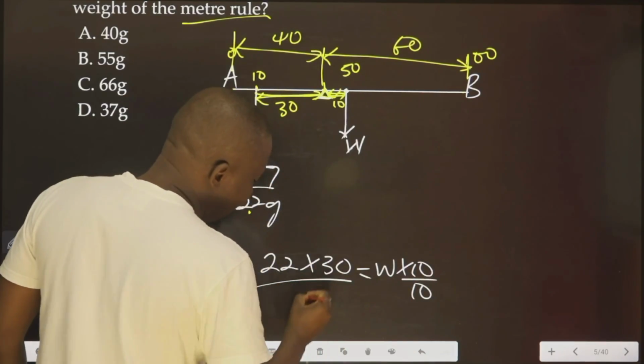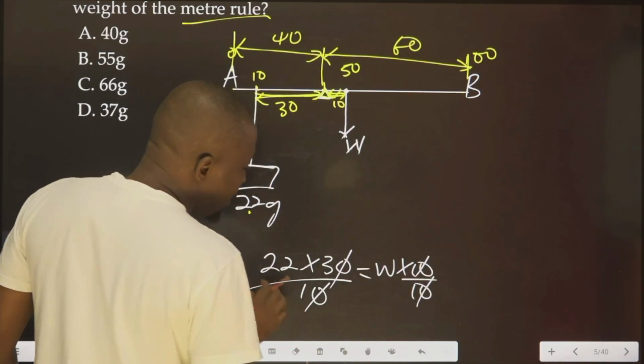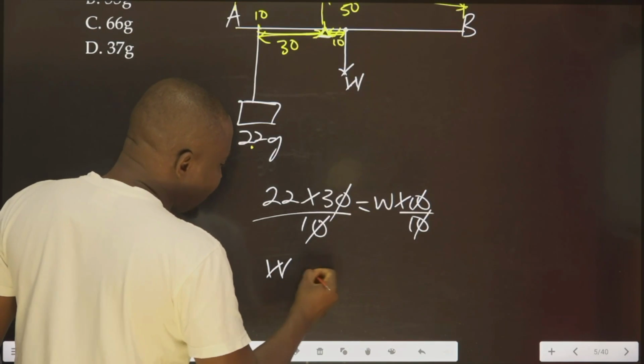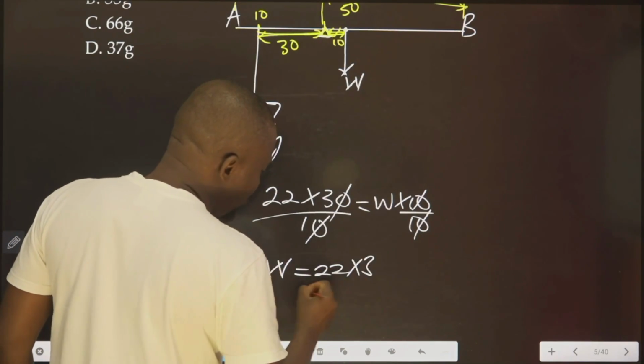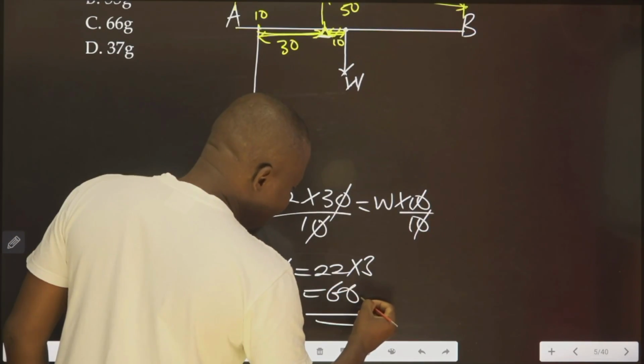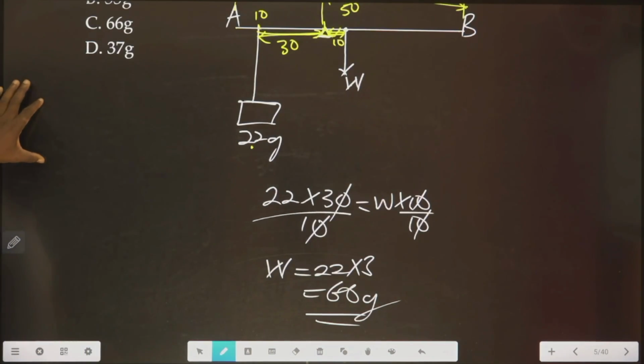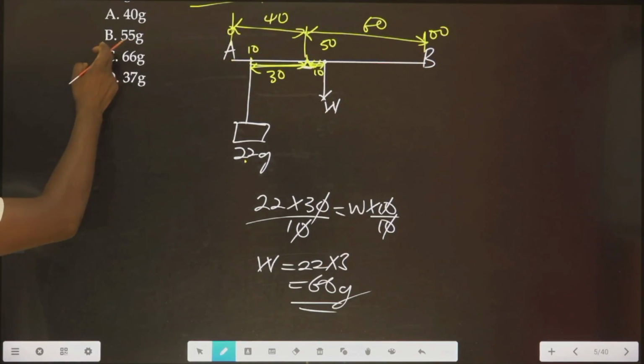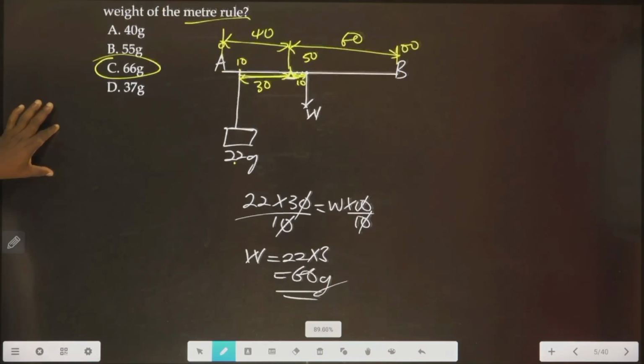Divide both sides by 10. You agree with me? W therefore is equal to 22 times 3, which is 66 grams. So as you can see, C is the answer for this question.